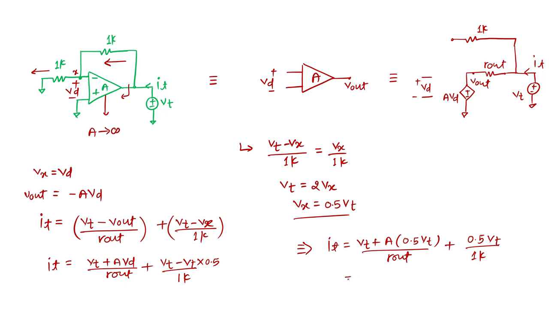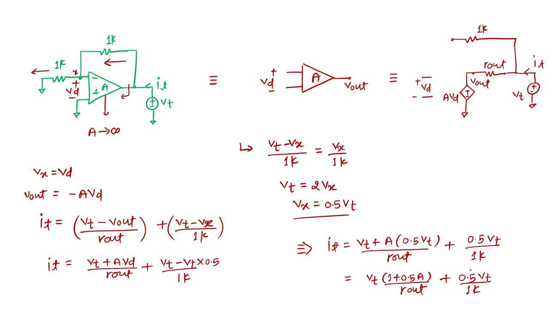So from here we can write Vt equal to (1 plus 0.5 A) divided by R out plus 0.5 Vt by 1K.